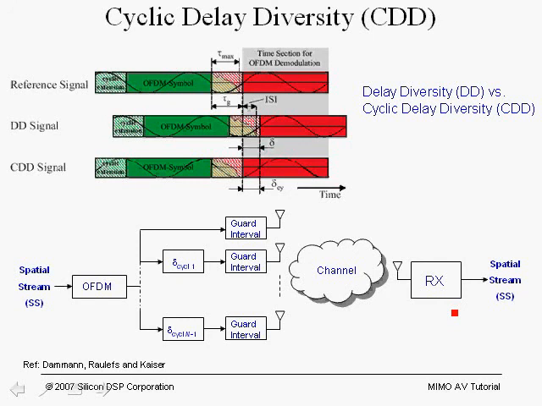And this is a key point in the power of a CDD transmit diversity scheme. In particular, a legacy 802.11a system using a single antenna, for example, does not break by introducing transmit diversity using CDD. This is very important.